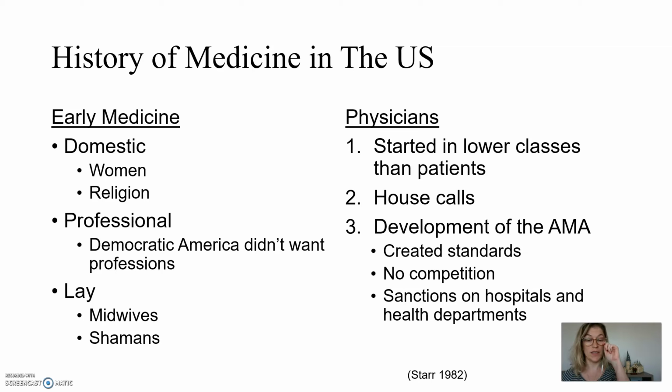And then we developed the AMA, the American Medical Association. And this is where things get interesting, shall we say. They tried to create standards because during this time we had a lot of people claiming to be doctors. Hello, Dr. Pepper. We had people creating all those patent medicines and tinctures, selling essentially just cocaine and marijuana and heroin to you with a little bit of alcohol and some sugar.